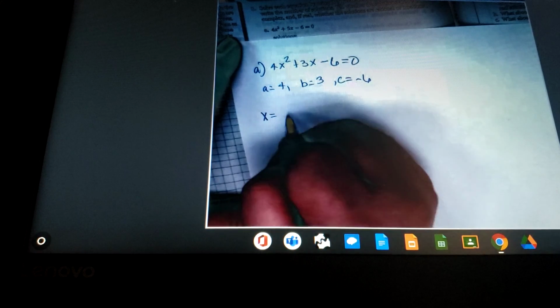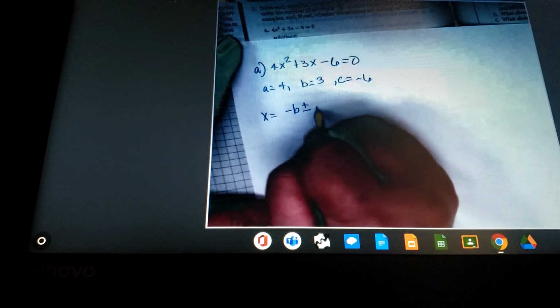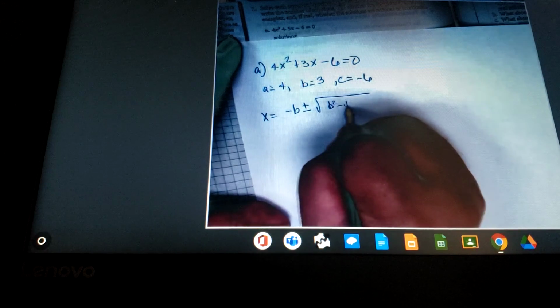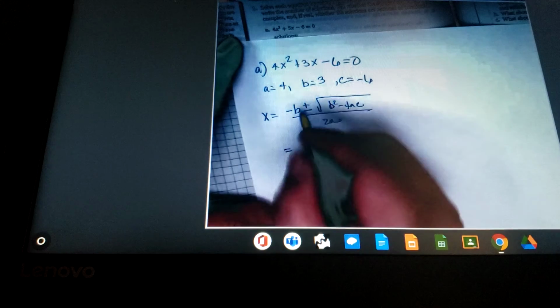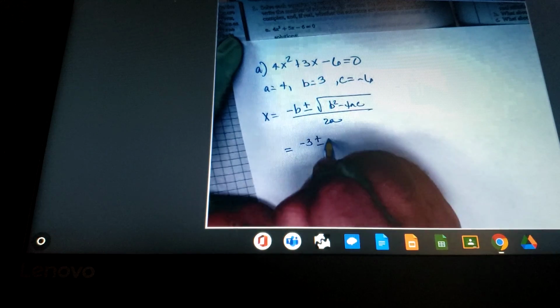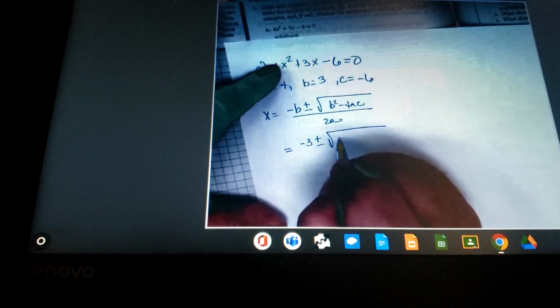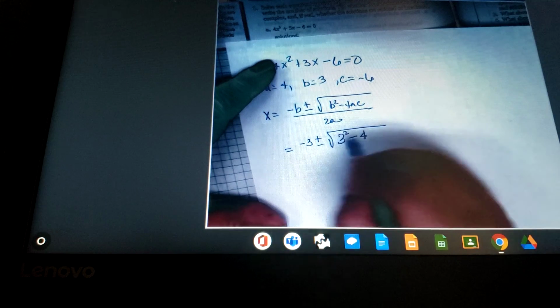So x, therefore, is negative b plus or minus the square root of b squared minus 4ac, over 2a. Negative 3 plus or minus the square root of b squared minus 4ac.